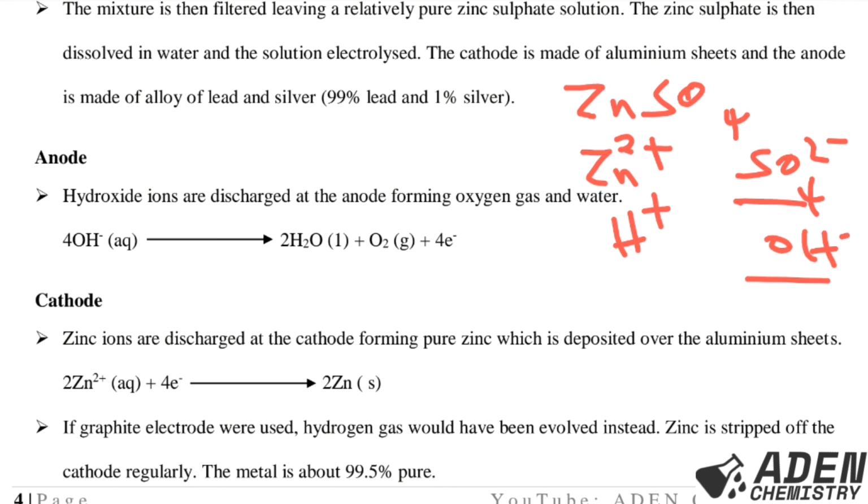And we're saying if graphite electrodes were used, hydrogen gas would have been evolved instead of the zinc. So we are not using inert electrodes, instead we are using aluminum sheets. So zinc is stripped off the cathode regularly, and the metal is about 99.5% pure.